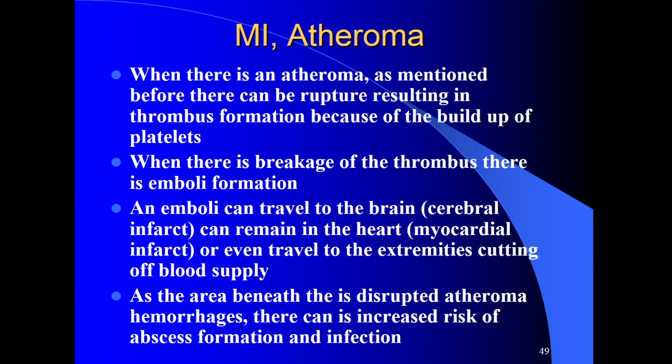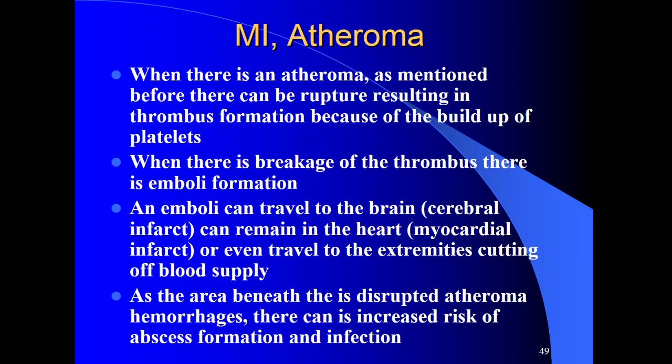When there is an atheroma, as mentioned before, there can be rupture resulting in thrombus formation because of the build-up of platelets. When there is breakage of the thrombus, there is emboli formation.